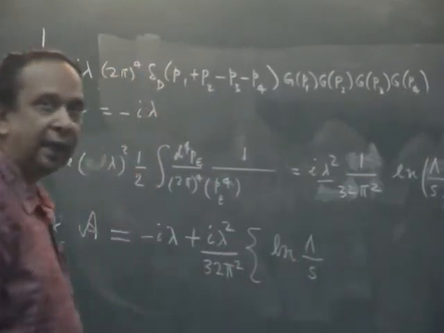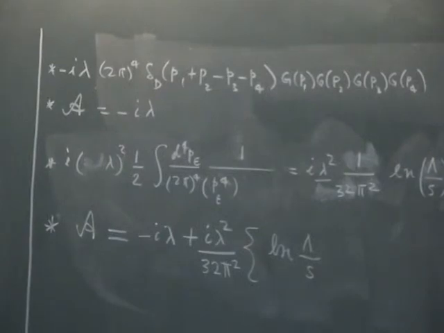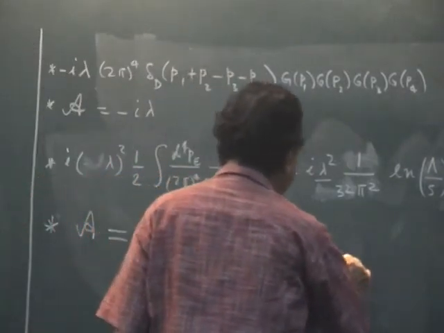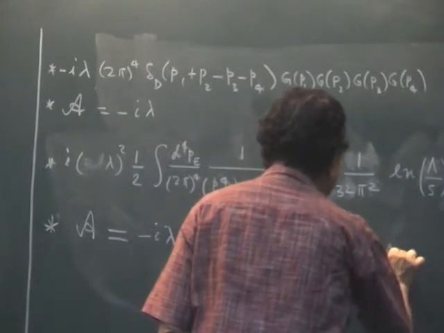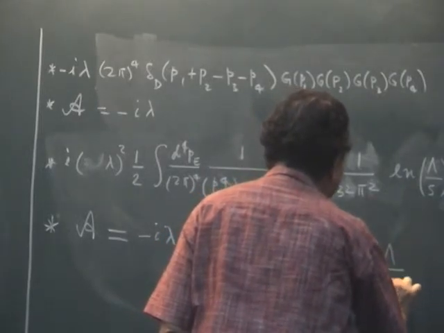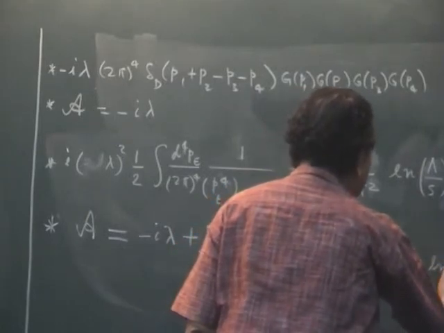This is what you get when we do this. But then I told you that if you interchange, you will get a t and then a u. Okay? So there are plus log lambda by t plus log lambda by u.